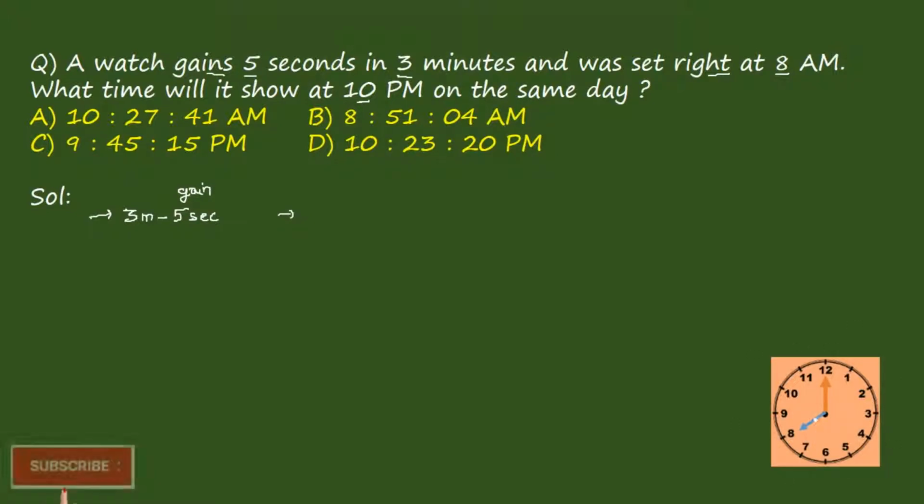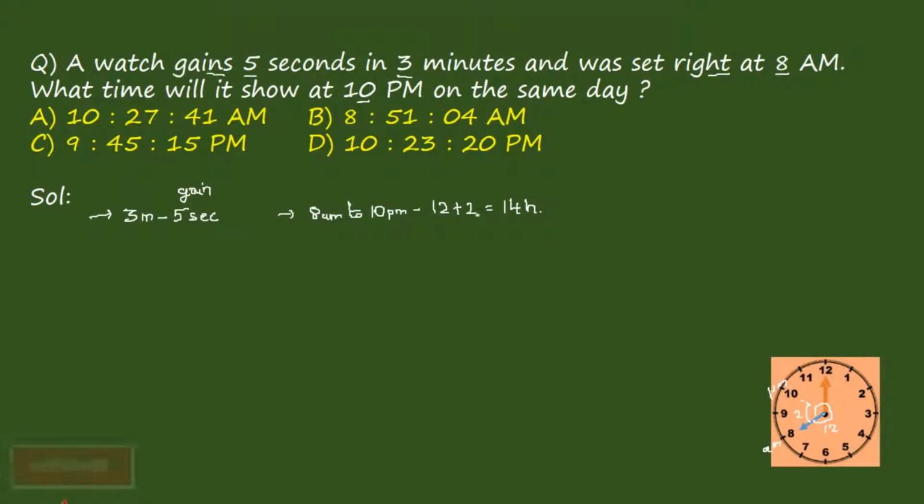They are asking what it will be showing at 10 p.m. Now it is 8 a.m. From 8 a.m. to 8 p.m. it becomes 12 hours, and from 8 p.m. to 10 p.m. it becomes 2 hours. From 8 a.m. to 10 p.m., it becomes 12 hours plus 2 hours. So totally 14 hours are covered by the clock, right?